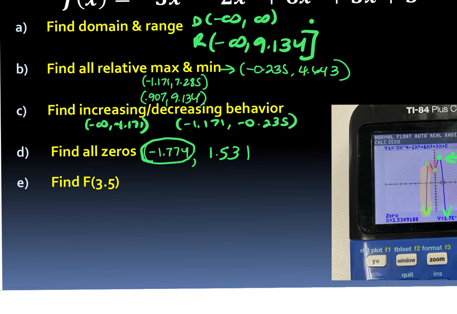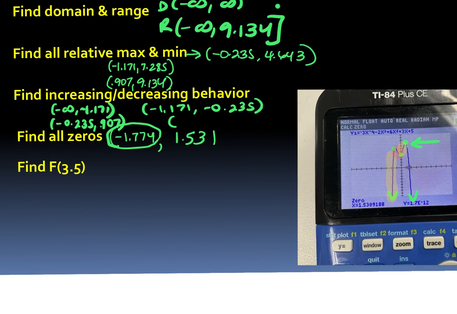And then it comes back up again here, which means it's increasing again from negative 0.235. And it stops increasing at the maximum 0.907. And then it decreases again here, which is that 0.907. And it goes on to positive infinity.